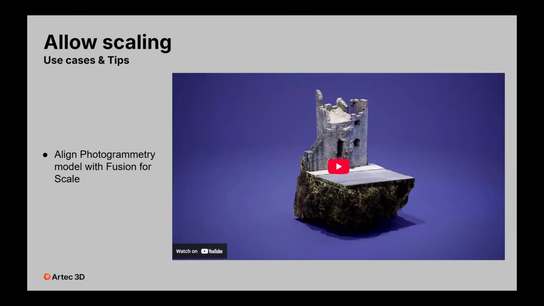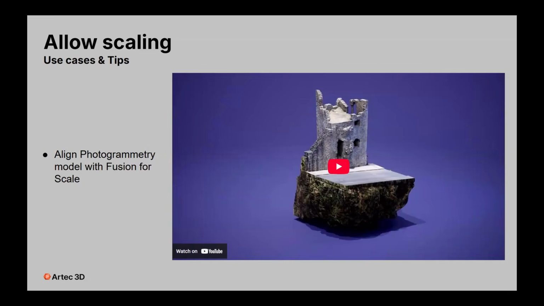We won't go deep into this exact process today. If you are really interested in this particular project, we have a nice article on our support page describing the whole process in detail. If you're interested, just drop your question into the chat, and we will provide this link later on.